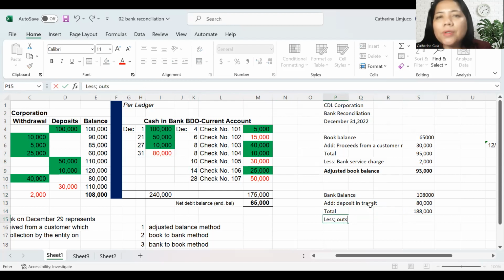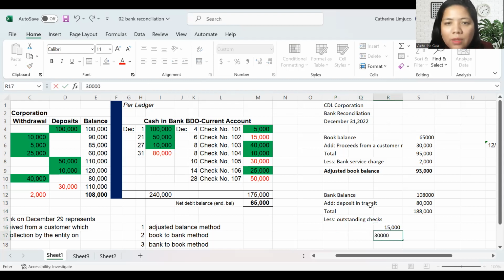And then we will deduct outstanding checks. Why? Because per ledger, the entity deducted it from the cash in bank balance, so it's a decrease in the cash in bank balance. Therefore, the bank will also treat the outstanding checks as a deduction from the cash in bank account. So less outstanding checks: we have here 15,000, 30,000, and 50,000.